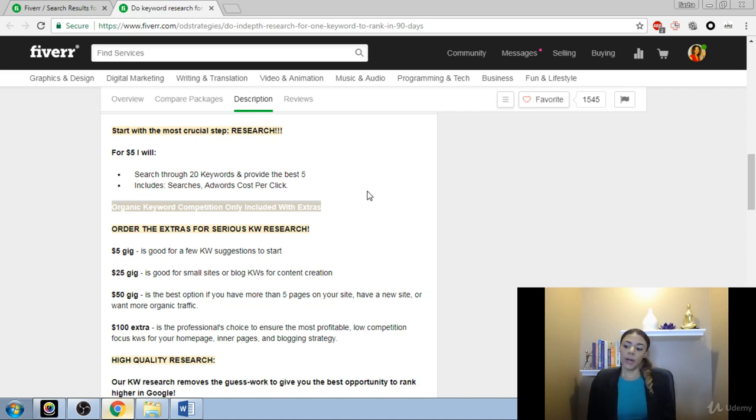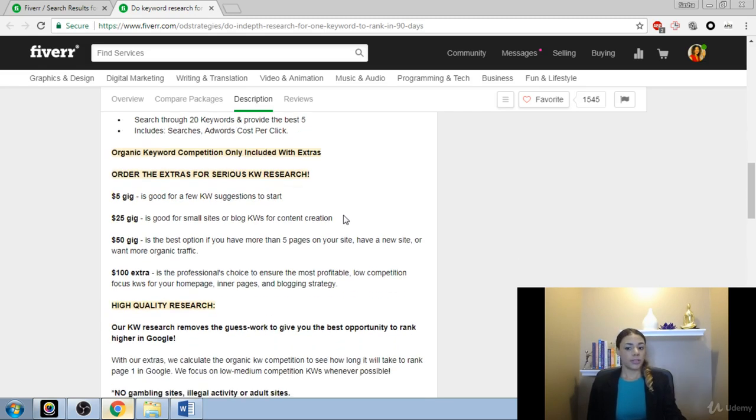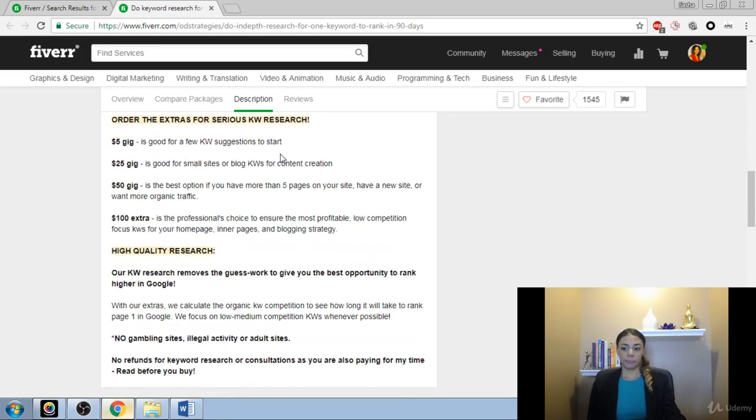They could be going after a keyword that they're never going to rank for, and they're just going to be writing blog post after blog post around these really hard to rank terms. So I find them terms that are going to be low competition and terms that they can rank for within a matter of weeks. So that's why I let them know you're only going to get that if you order my higher packages. That does not come with the basic.